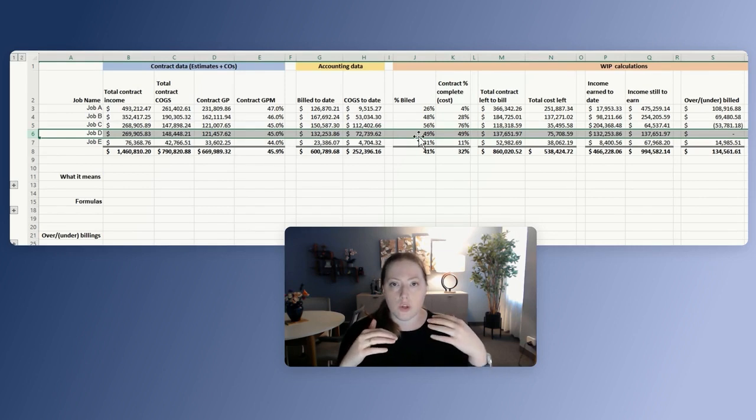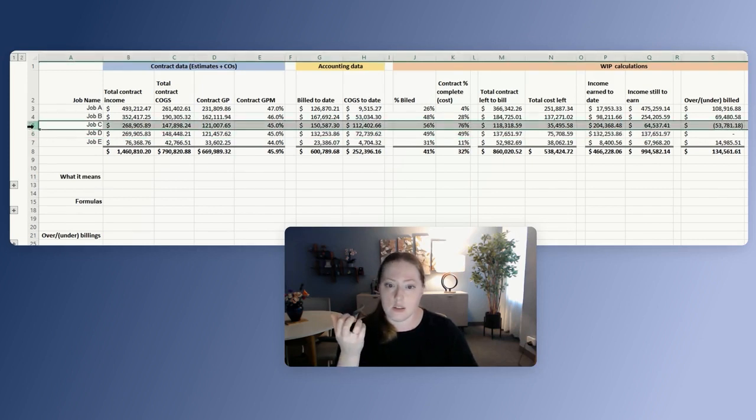Usually, you will be either in the overbill or underbill. The underbill is job C, where we have billed for 56%, but the cost has come through at 76% of the cost already. So we have actually underbilled.